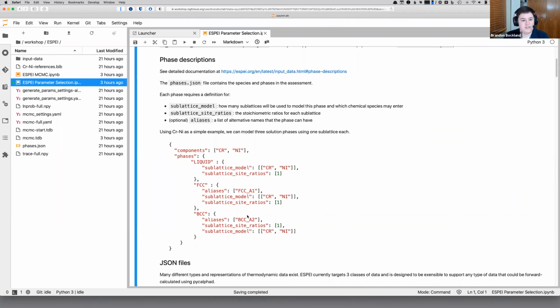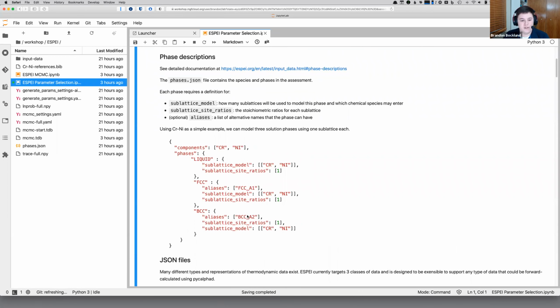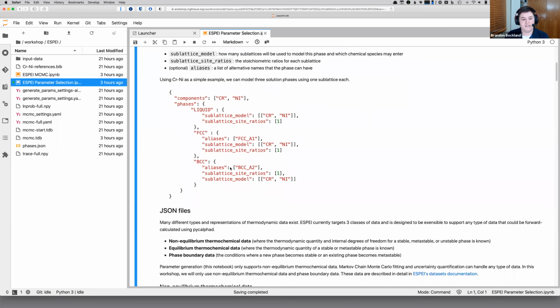And the reason for that is just that's what the community has seemed to gravitate to, to keep all the databases compatible with each other. And so we provide that for free, if you will. But you can also bring your own unaries or even use ESPEI to fit unary functions if you want, and that's all up to you. But in this case, we're going to fit the SGTE ones.